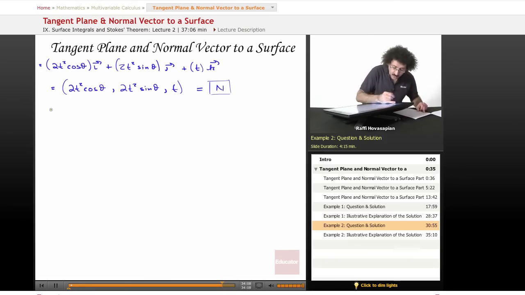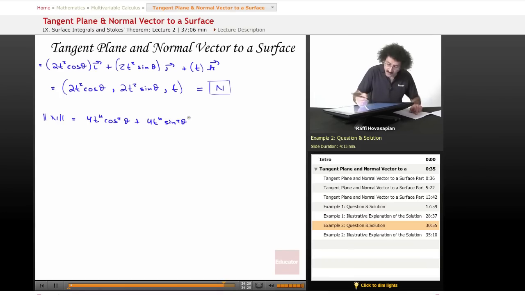Now, if I want to take the norm, not a problem. Square of this, square of this, square of this, all under the square root sign. You end up with 4t to the 4th cosine squared theta plus 4t to the 4th sine squared theta plus t squared all under the radical.